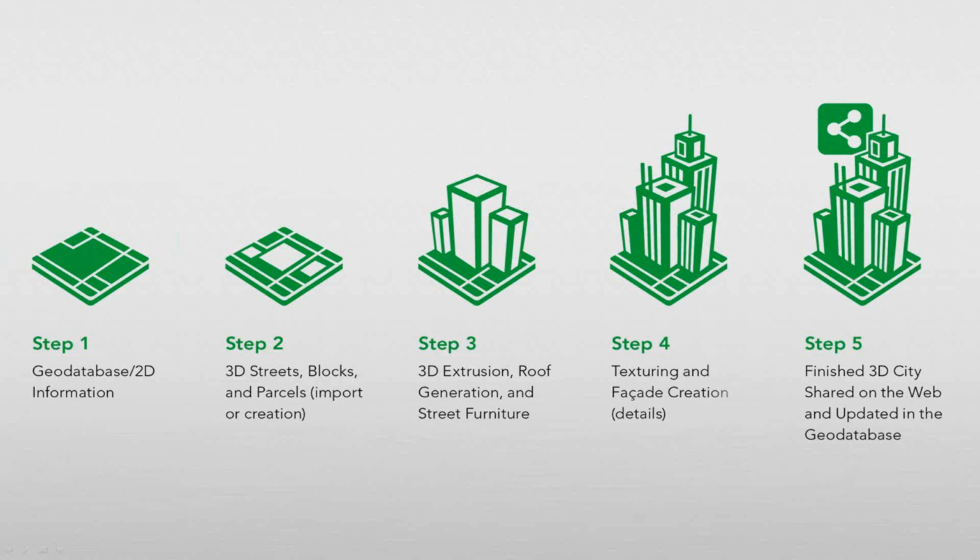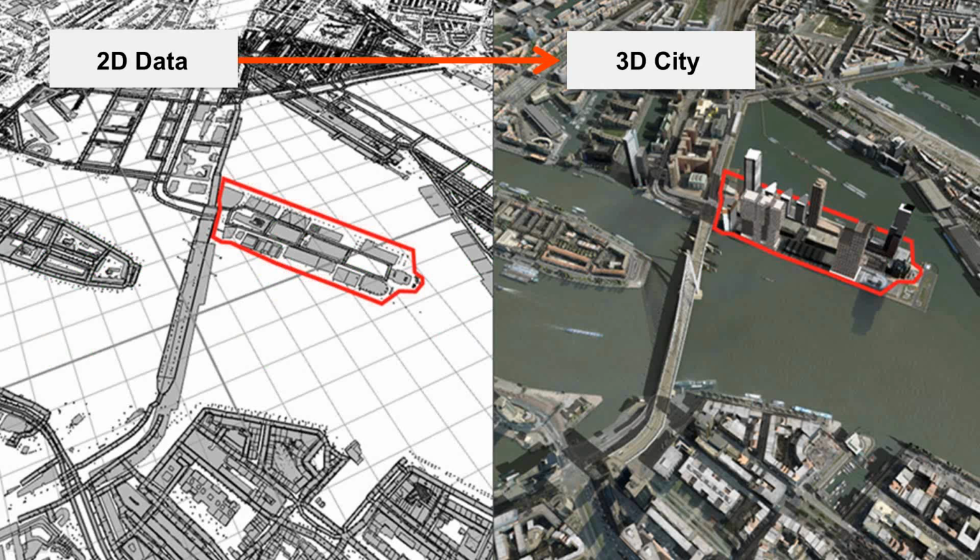And in Step 6, this has to do with exporting it back to the file geodatabase, taking it to a third-party rendering software, or exporting the model to a web scene for sharing, communication, and collaboration. So we can interoperably now work within the ArcGIS platform with these 3D city models that you've created, so nothing is wasted with the final product. And in even simpler terms, this visual shows the process of extruding the 2D data into a smart 3D city model.